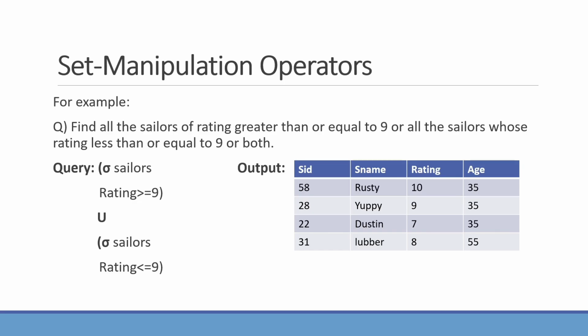Here you can see that the rating column, which specifies rating greater than or equal to 9, or less than or equal to 9, shows all the sailors.